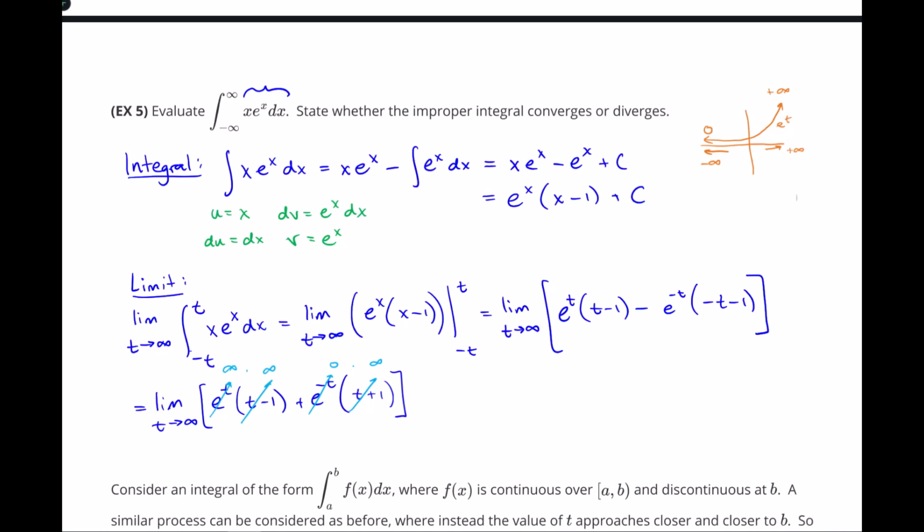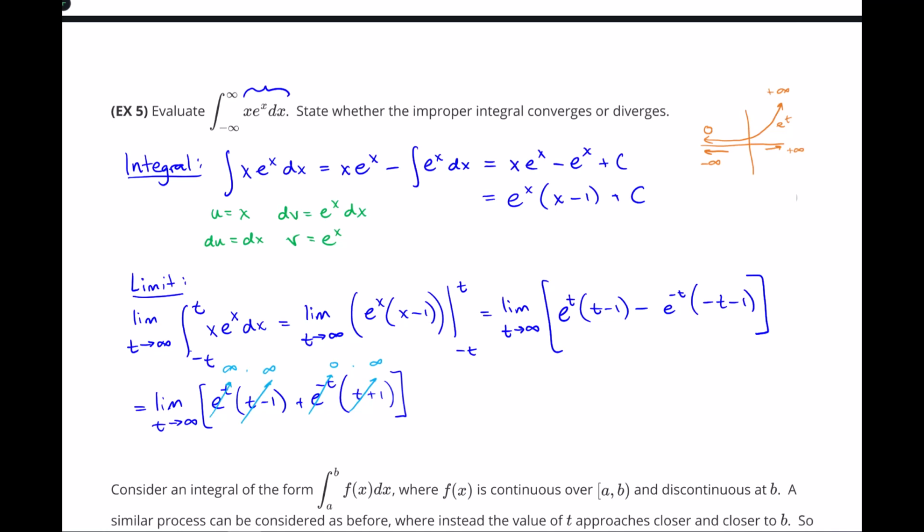So for instance, I would agree with you, infinity times infinity would result in something that's even more infinite in value, especially since we can count on everything being positive here. All right, so I don't have any issue with that. What I do have an issue with is 0 times infinity.